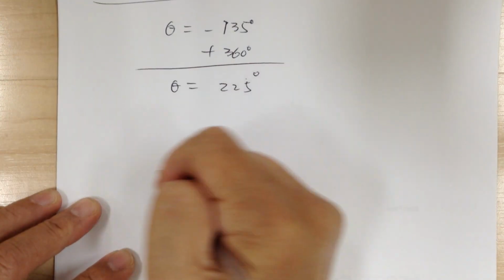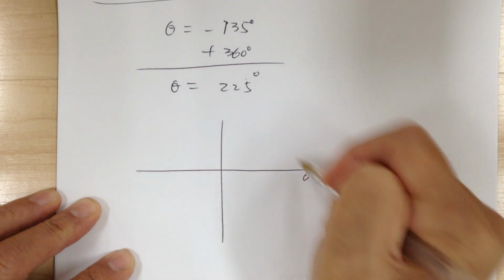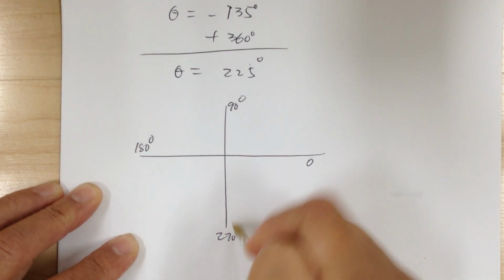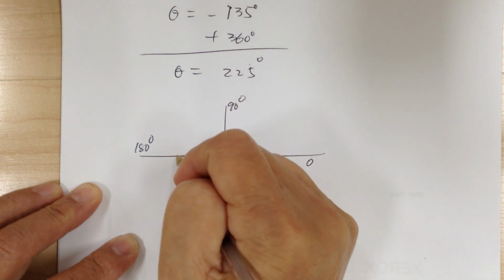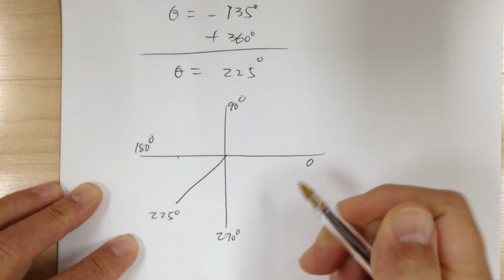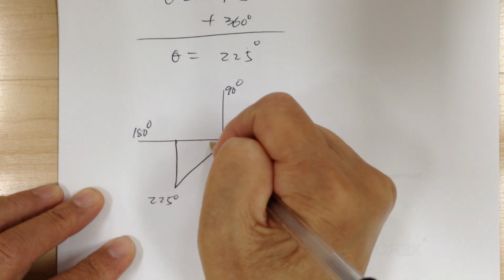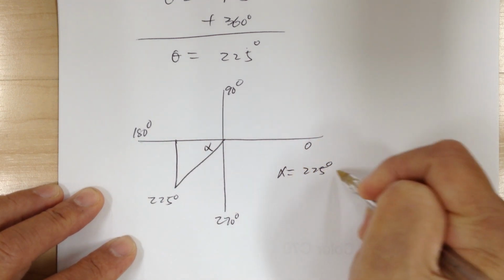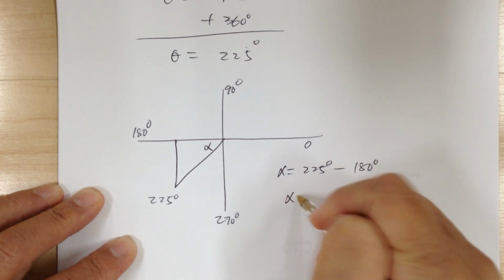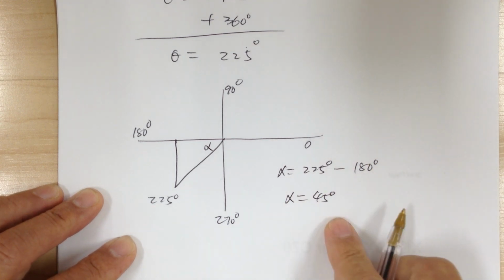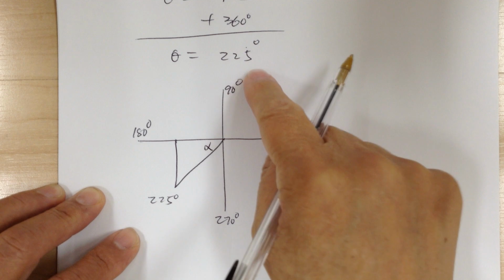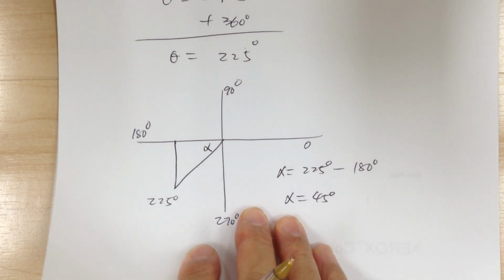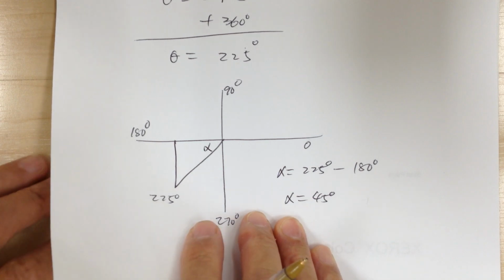So now when you draw your triangle, so here's your 0, 90 degrees, 180, 270. So 225 will be right over here. Right? So that's 225 degrees. I can draw that and make it alpha. So in this case, your alpha will equal to 225 minus 180. So alpha equal to 45 degrees. Okay. So normally the positive is way easier to work with.